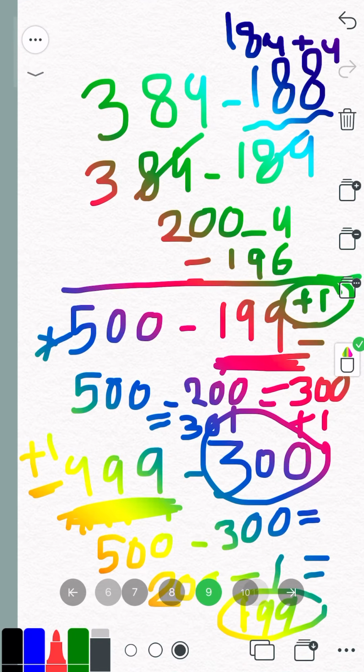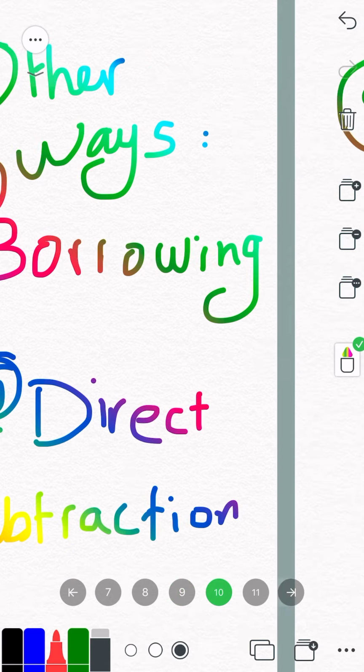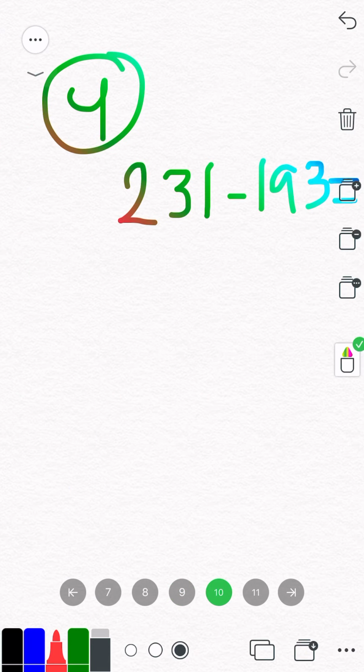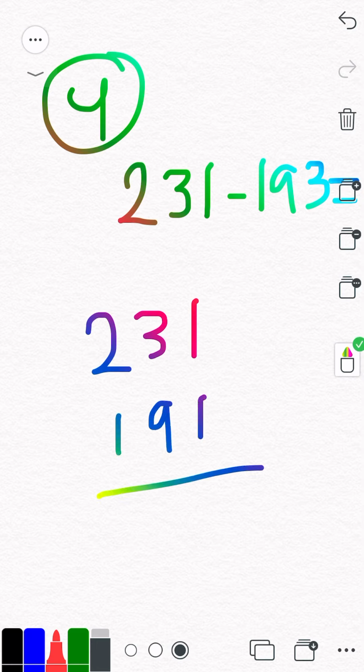And the other ways we've got are borrowing and direct subtraction. So for example, let's say we have 231 minus 193. Here we place the numbers right above each other, the ones above each other, the tens above each other, and the hundreds above each other.